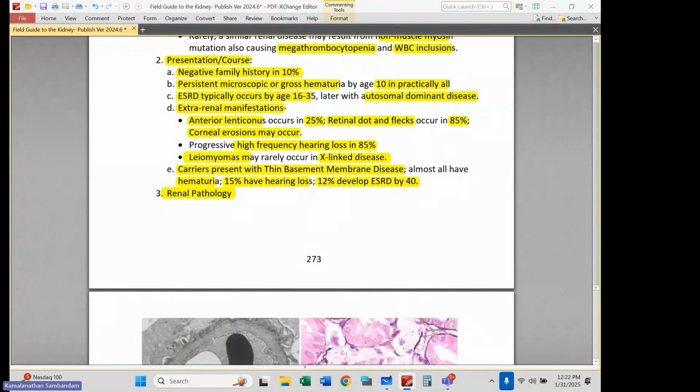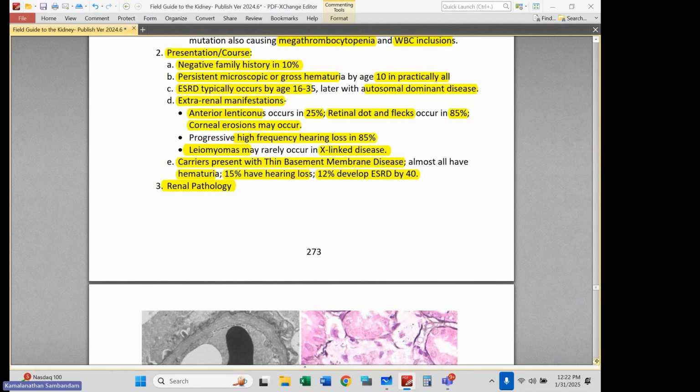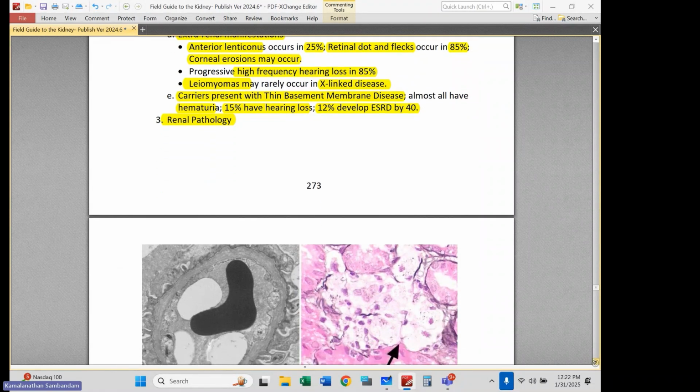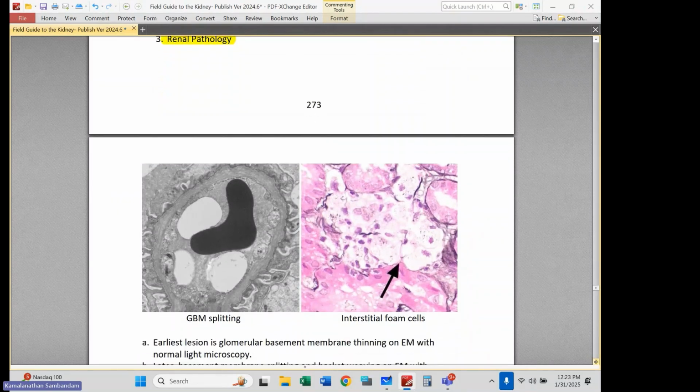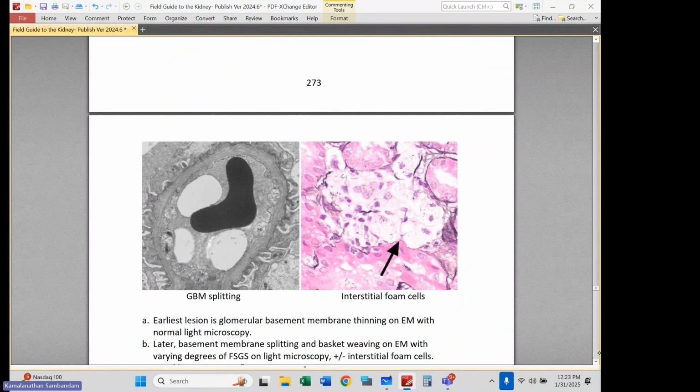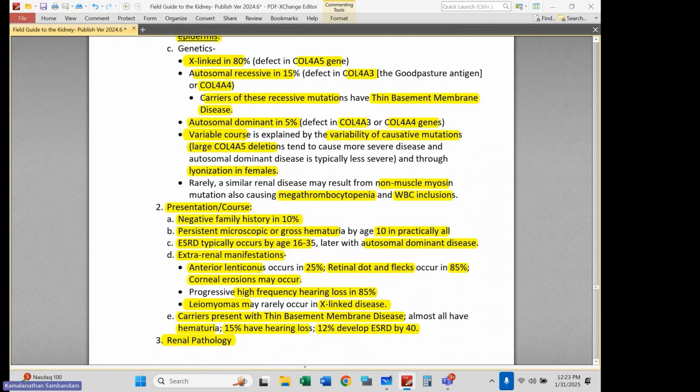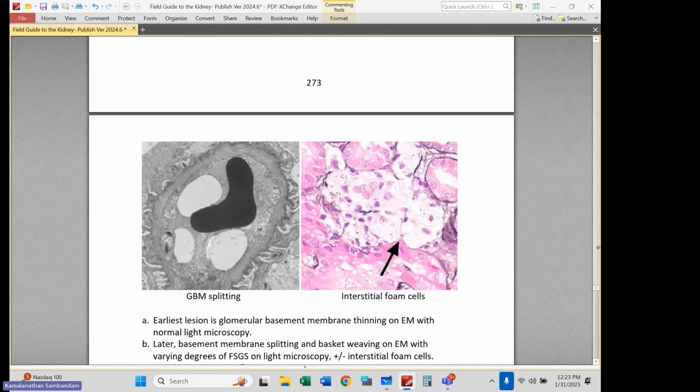You can see again, the nomenclature is very messy here. But she clearly doesn't have benign hematuria, as thin basement membrane is also called, right? It's a misnomer in her case. She's not benign. All right.